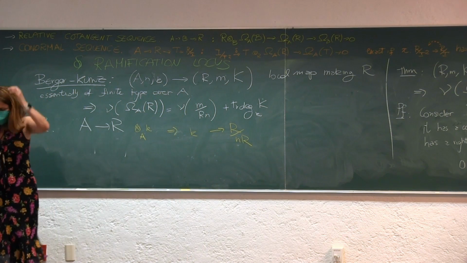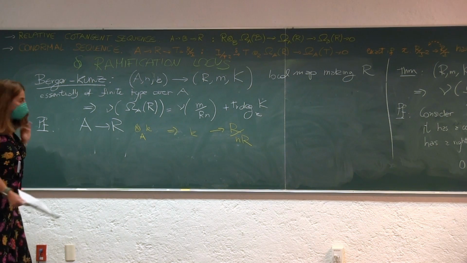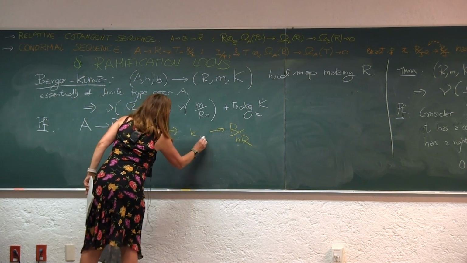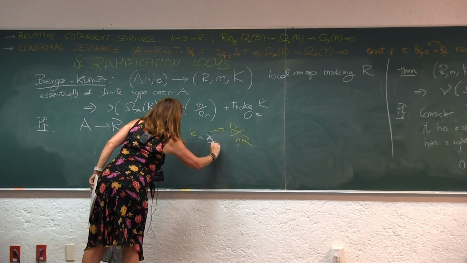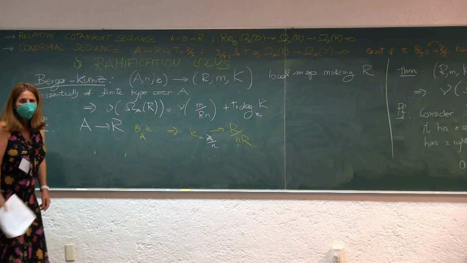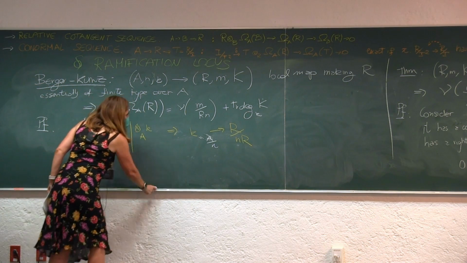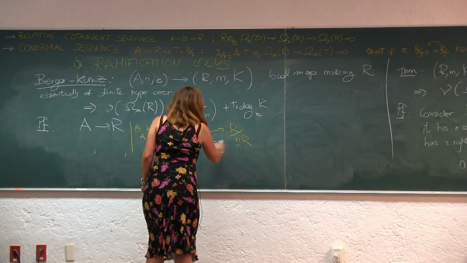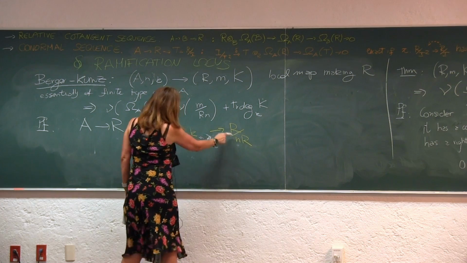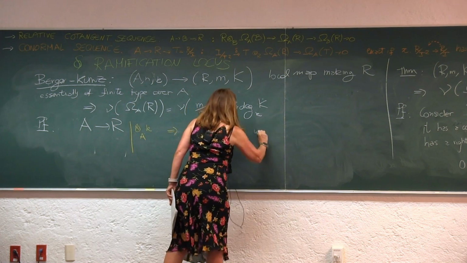Okay? Remember, k is A over m. So I just tensor this with this, and I get this situation. And this still makes this ring essentially of finite type over k.